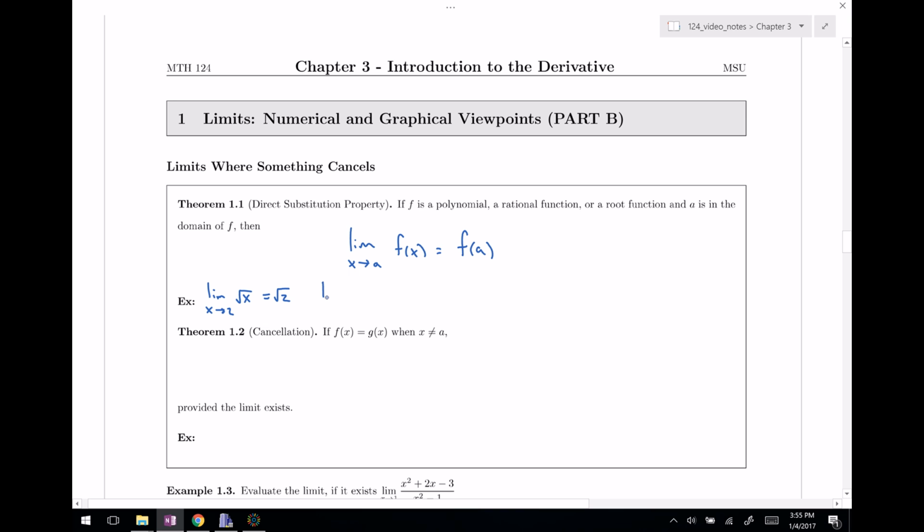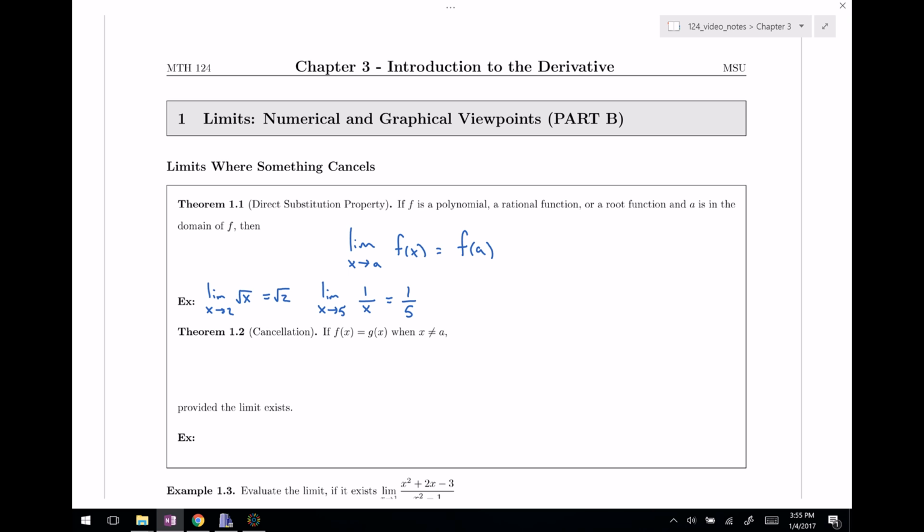Likewise, if I did the limit as x approaches 5 of 1 over x, the only thing that's not in the domain here is 0, right? Because then I'd be dividing by 0, that'd be a problem. But 5 is in the domain. It makes sense to plug in 5 everywhere you see an x. So therefore, this is just going to be 1/5. So this is the direct substitution property, which says that you can substitute things in most of the time, so long as it's in the domain of the function.